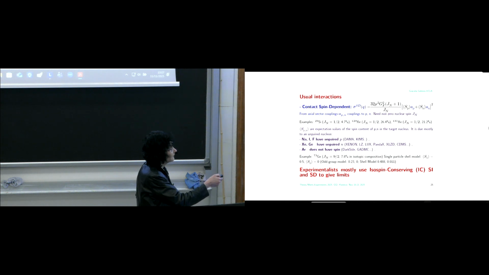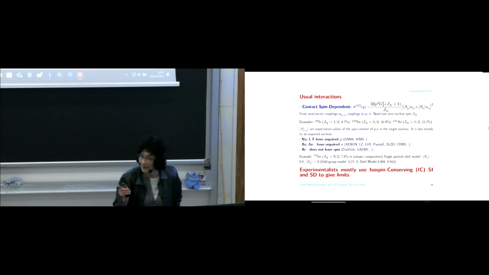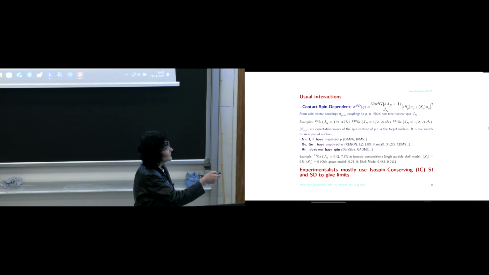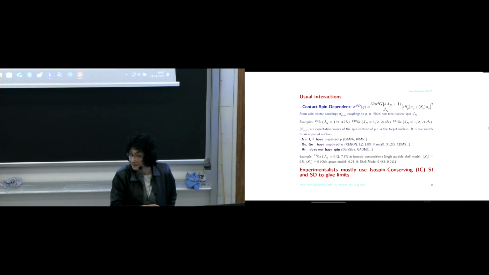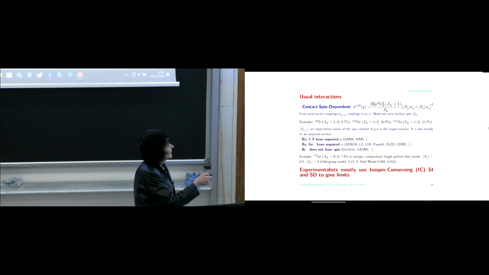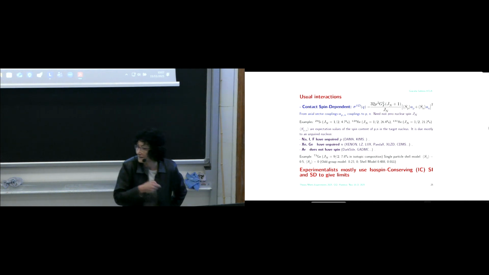These are different types of materials, so you can favor one or the other, having different a_p and a_n. And moreover, there is the isotopic composition. For example, about half of the xenon in the normal isotopic composition has a spin. It is much smaller instead for silicon, and so on and so forth.